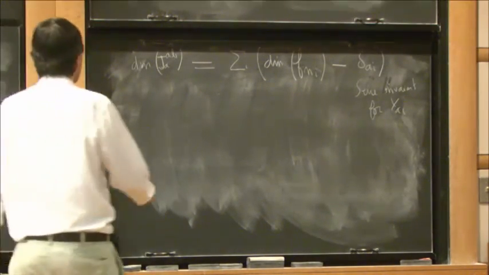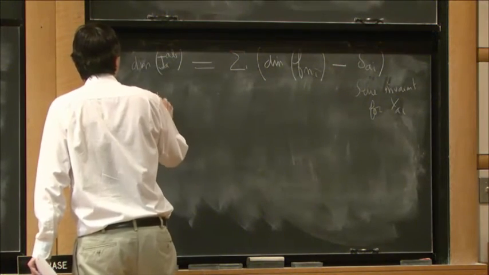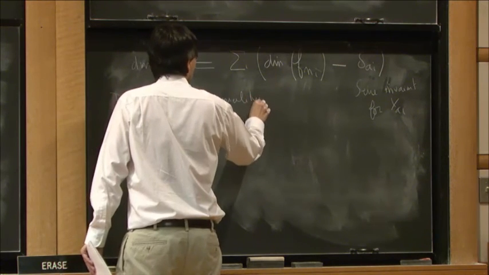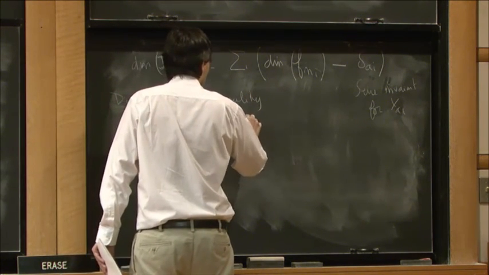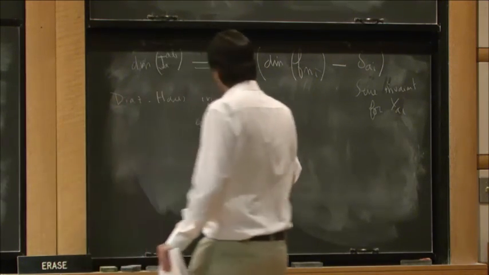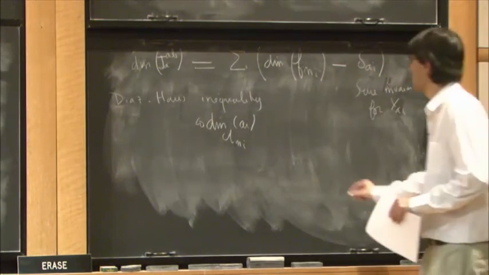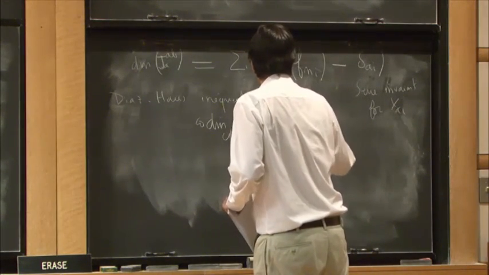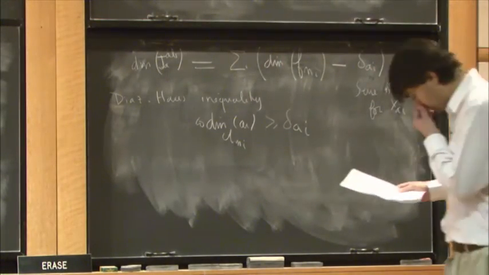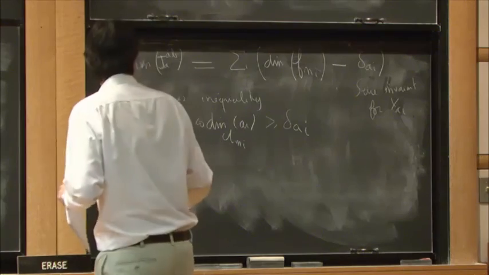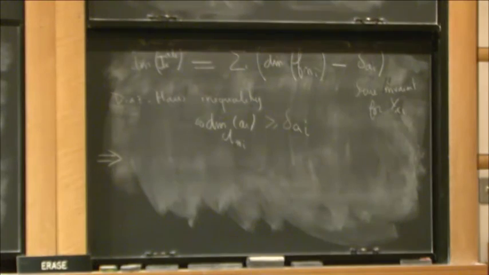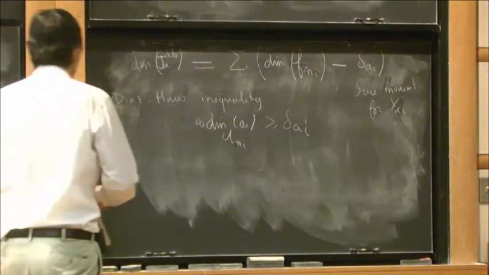But now I have the Diaz-Ariz inequality. That is, the codimension of A_i in the Hitchin base in rank n_i is bigger than delta. And so this gives you a lower bound for the dimension of J ab.